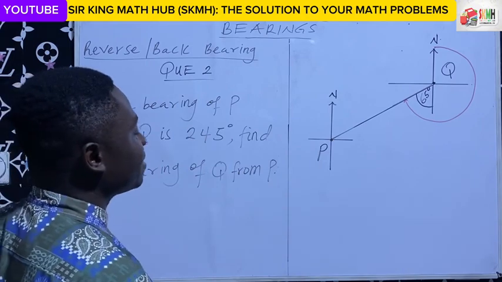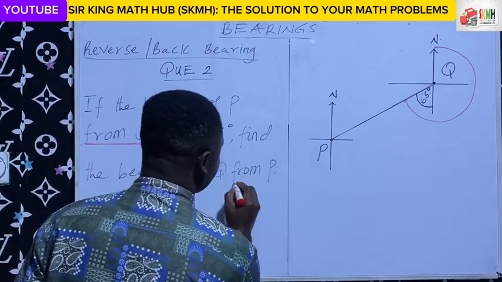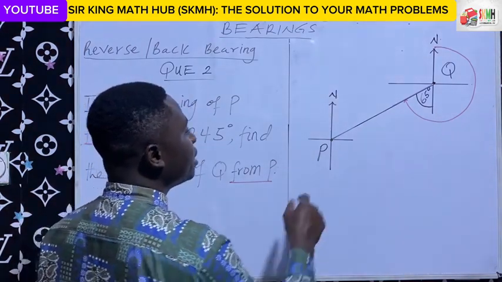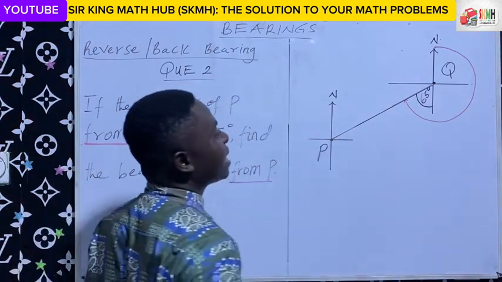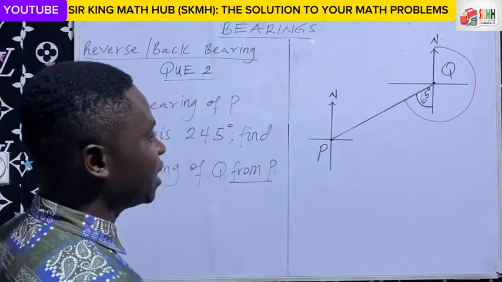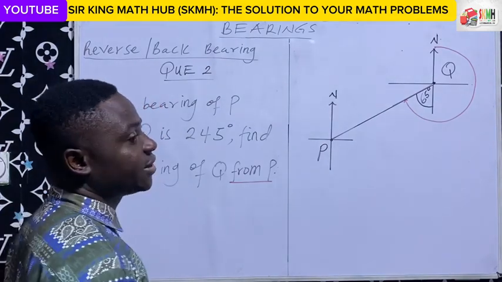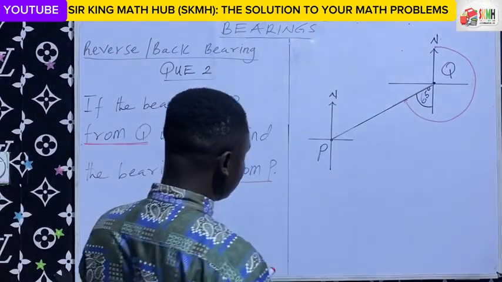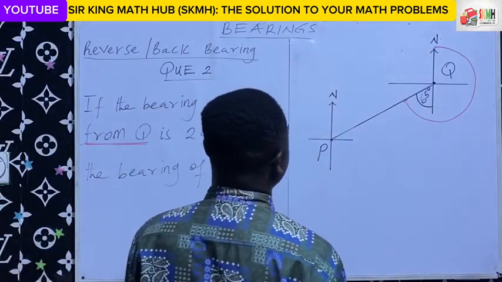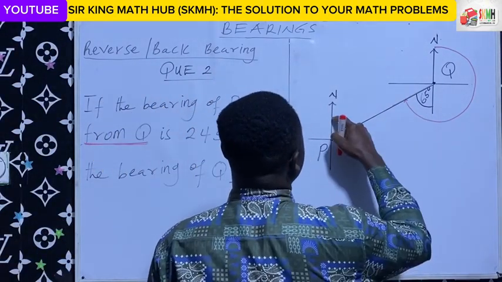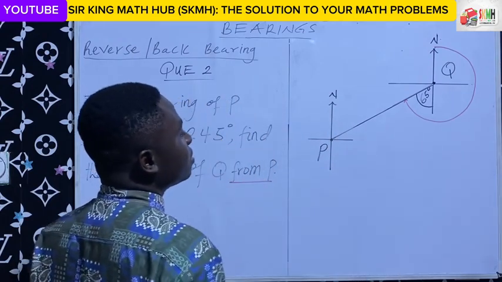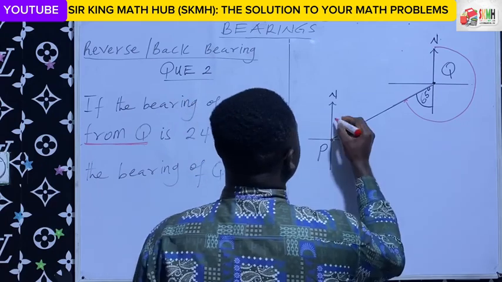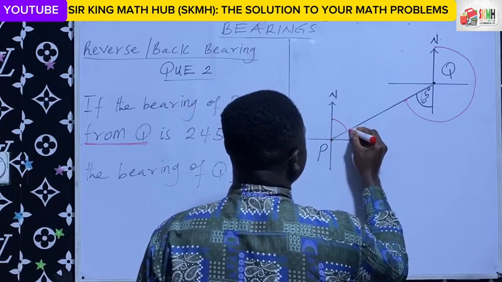The emphasis is from P. So it means that to calculate the back bearing, we need to measure the angle from point P. And we said that in the three-figure bearing, angles are read from the geographical north in the clockwise direction. So we are looking for this angle here. What is the measure of this angle?